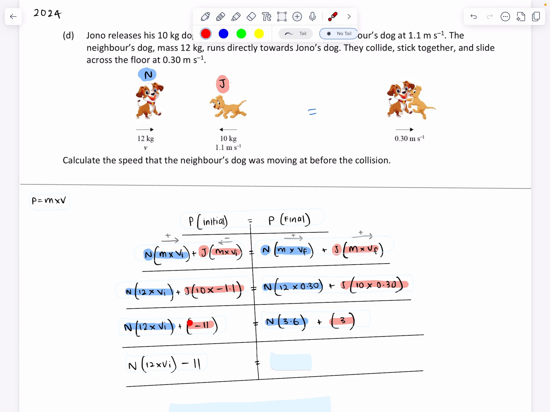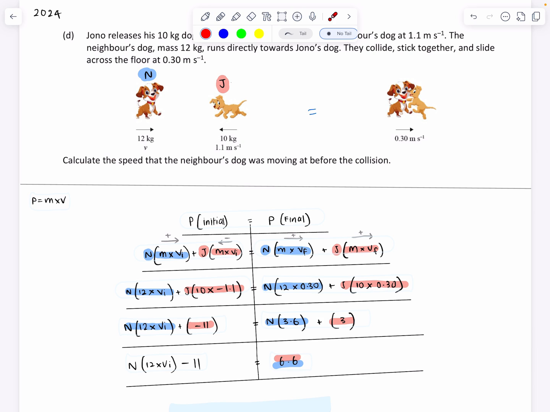And I also want you to know that whenever you have brackets is another way of multiplying. So whatever's in the brackets is always multiplied directly by what's outside of it. In this case, it's a positive 1 times a negative 11. That gives me negative 11. So that's how I've simplified this. So this is why we've got a negative 11 here as a simplification of this over here.